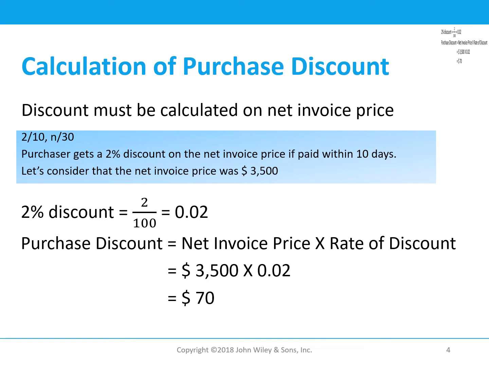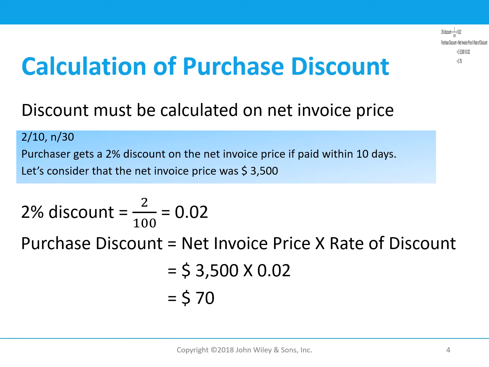Let's consider that the net invoice price here is $3,500. By 2% discount, we mean $2 of discount is given for every $100. So now we want to know the rate of discount per dollar. We divide 2 by 100 in order to know the rate of discount per dollar.